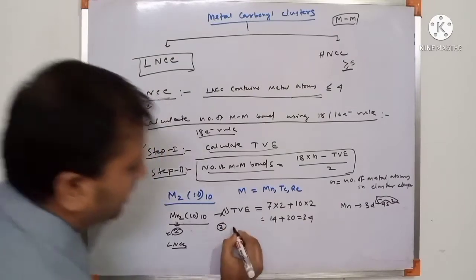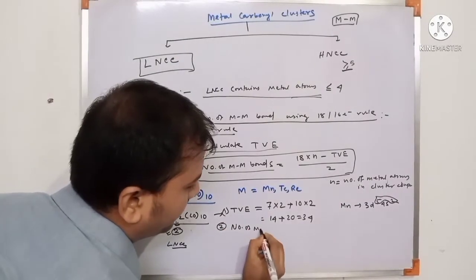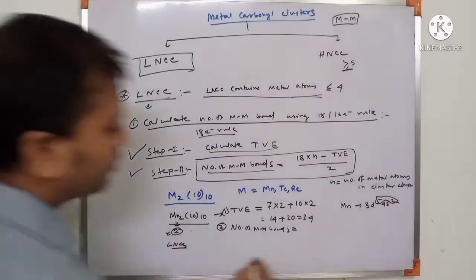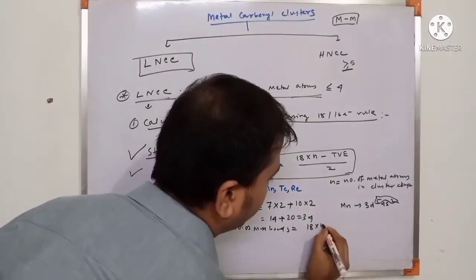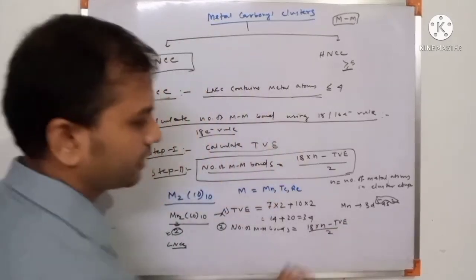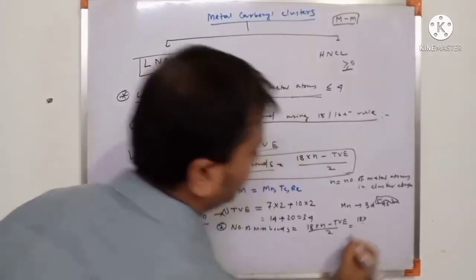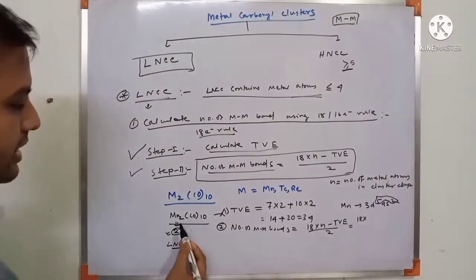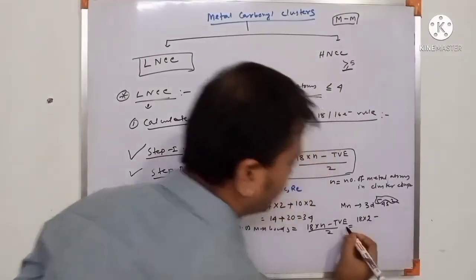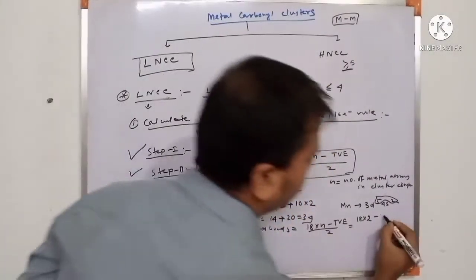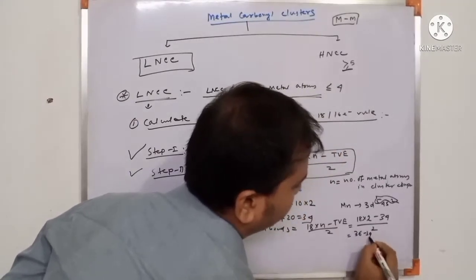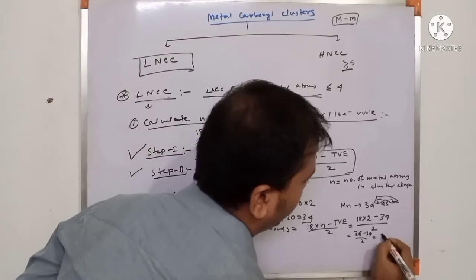Then calculate the number of metal bonds. Number of metal bonds equals 18n minus total valence electrons, divided by 2. Here n means the number of metal atoms; there are 2 manganese, so 2 metals. 18 into 2 is 36, minus total valence electrons 34, is 2, divided by 2 equals 1.